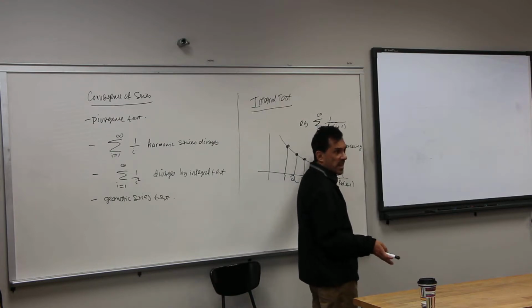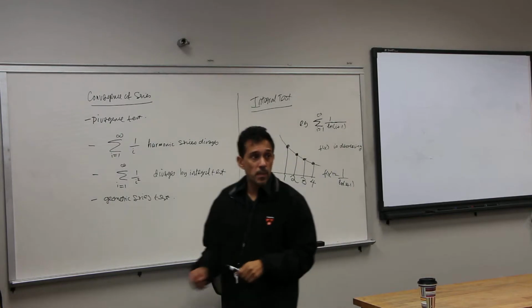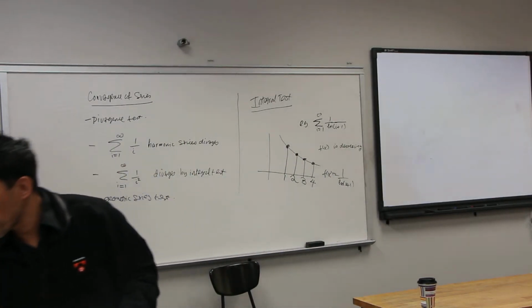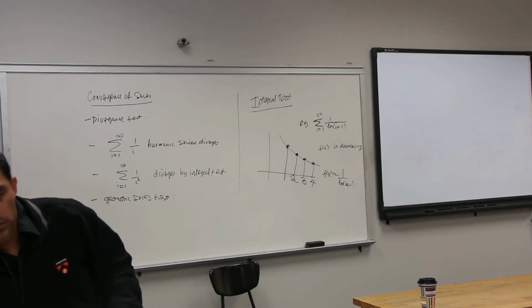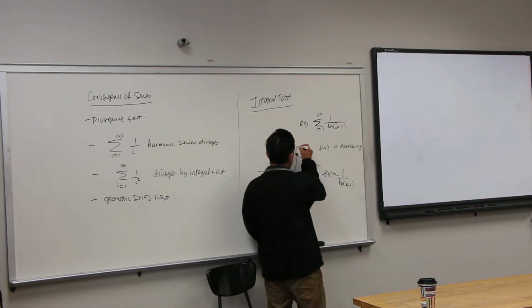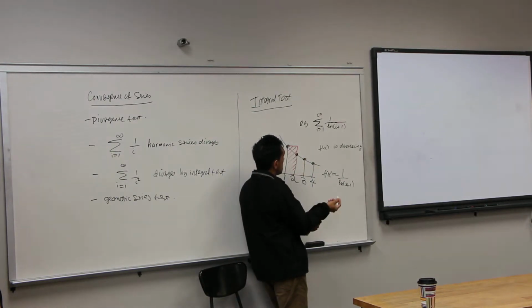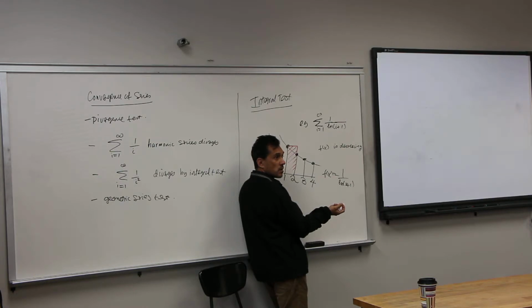If the width is 1, then the height gives you the area of that rectangle. The area of that rectangle there is what? 1 over ln 2.